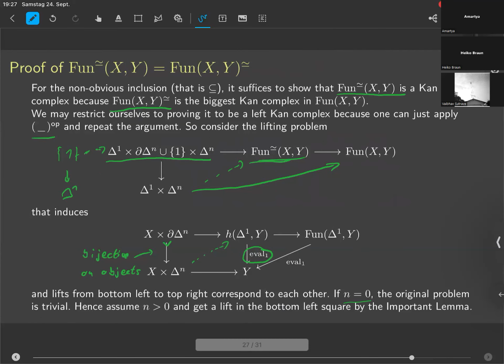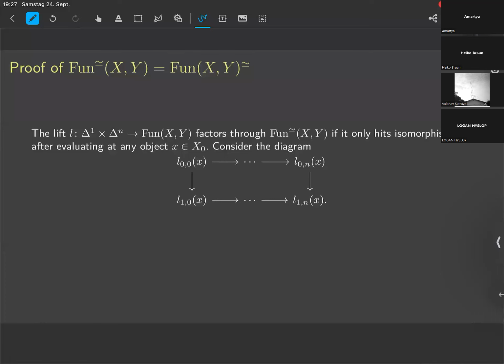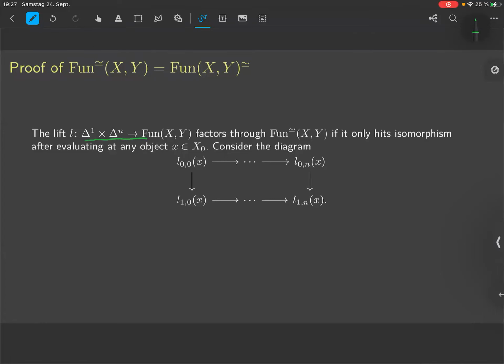L lives here, so it goes from delta n cross delta n to the functor category x to y, as it is said here. And this factors through the object-wise isomorphisms if and only if it hits just isomorphisms after we evaluate at any object x here. So when we evaluate, this looks like this.